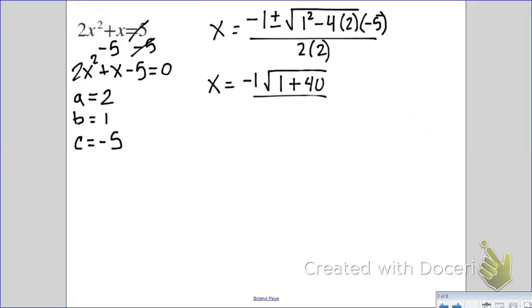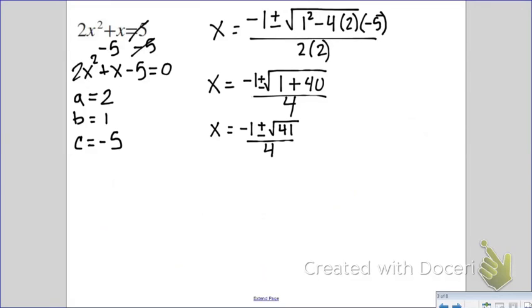All over 2 times 2 is 4. And we'll simplify the inside of that. Ooh, I forgot to put my plus minus. Plus minus. There we go. So now I have negative 1 plus or minus the square root of 41 divided by 4.